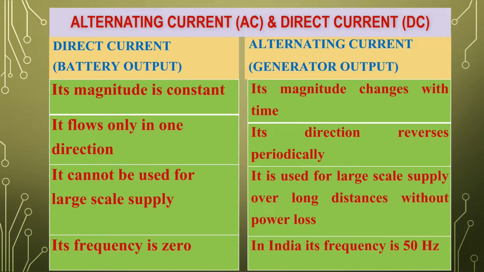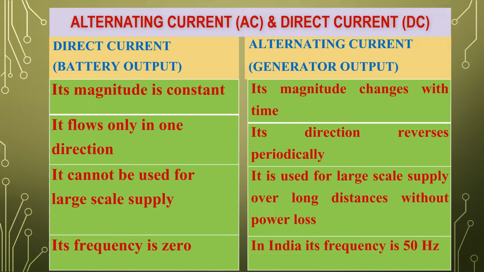The magnitude of direct current is constant, but the magnitude of alternating current changes with time. Direct current flows only in one direction, but alternating current reverses its direction periodically. That means with equal time, its direction gets changed.